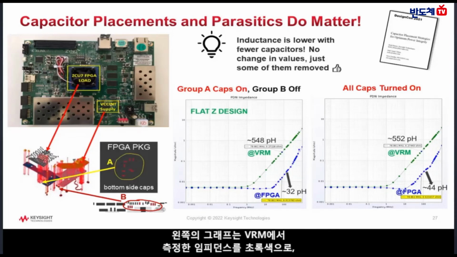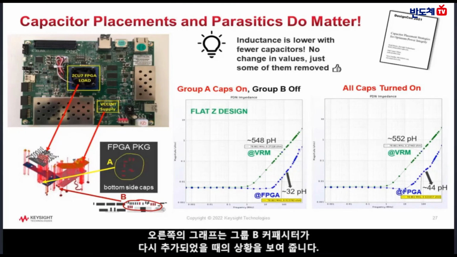The graph on the left shows the impedance measured at the VRM in green and the impedance measured at the FPGA pins in blue when only the group A capacitors are on and the group B capacitors have been removed. The graph on the right shows what happens when the group B capacitors are added back in.